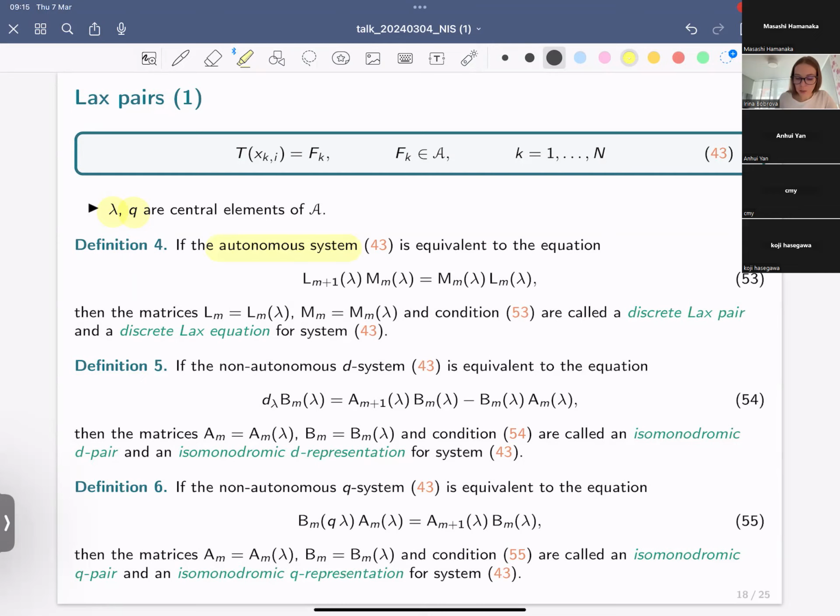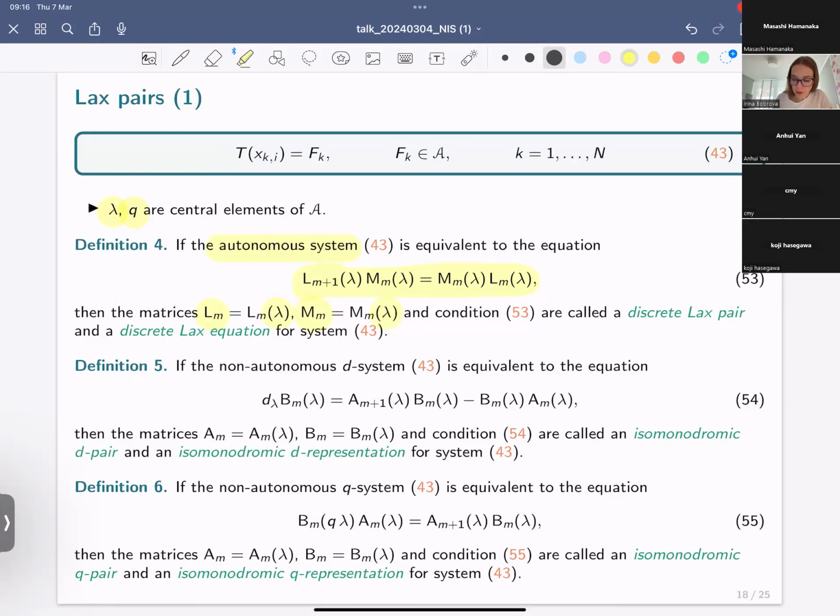And suppose that it's equivalent to equation 53 with some matrices of non-fixed size, L, M, and M sub m. These matrices can depend on the spectral parameter lambda.